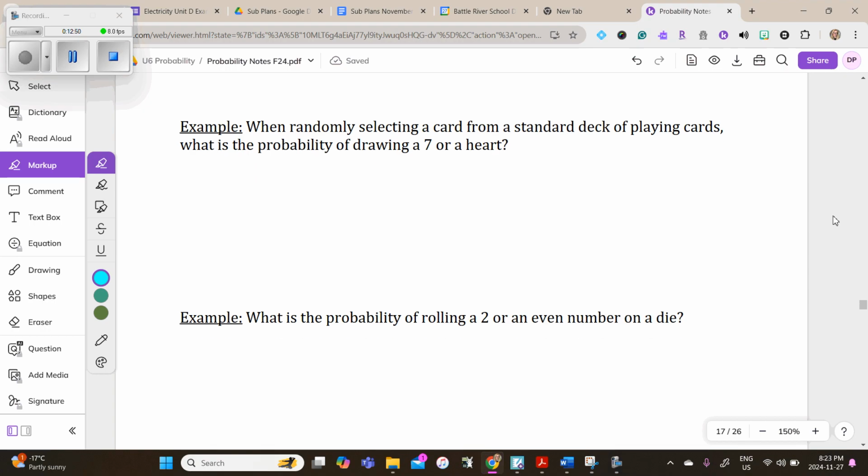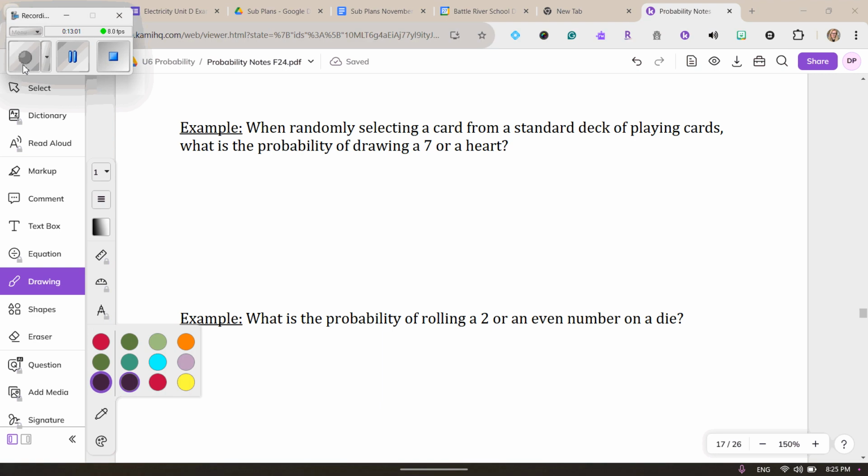First example says, when randomly selecting a card from a standard deck of playing cards, what is the probability of drawing a 7 or a heart? So if we start this the same way as our last question, we are looking for the probability of a 7 or a heart.